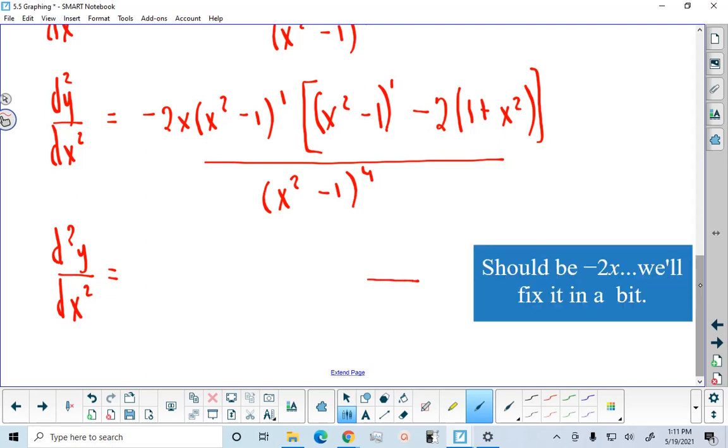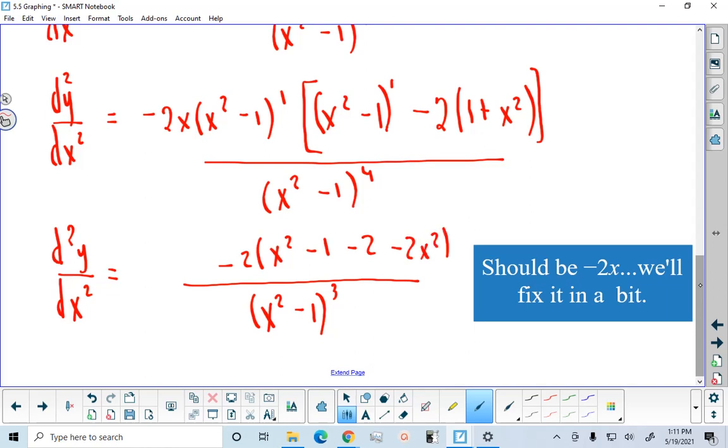That negative 2x is on the top. I can take the x squared minus 1 to the 1, which is on the top, and reduce it with one of the 4 x squared minus 1's on the bottom to get x squared minus 1 cubed. And what do I have left? Well, again, I don't want to cut any corners. I have x squared minus 1 minus 2 minus 2x squared. So multiply that through, I get negative 2.